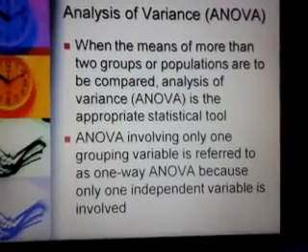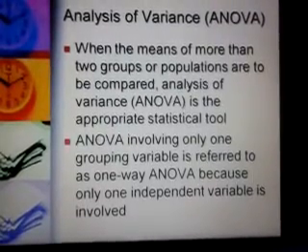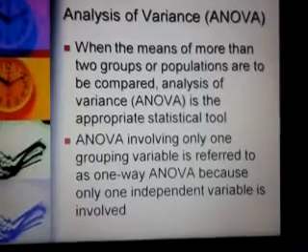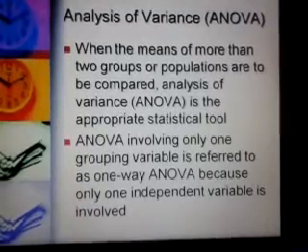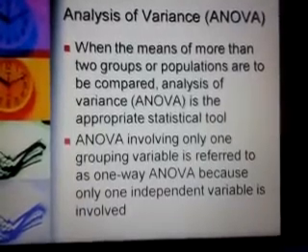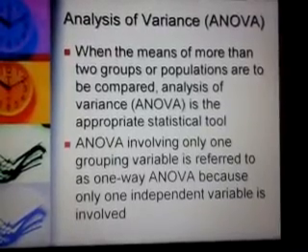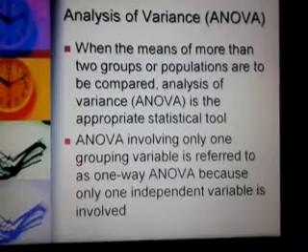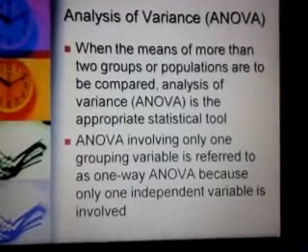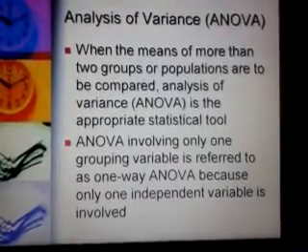We can take an example. For example, if we compare the sales of high promotion, medium promotion and low promotion. Now these are three categories. In our earlier example, we had taken sales with ad and without ad. These were two groups.